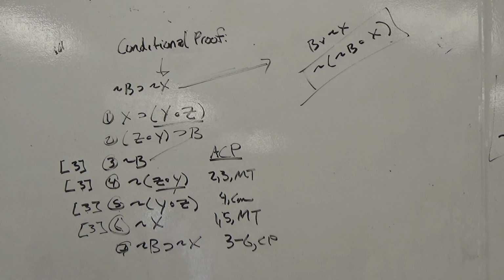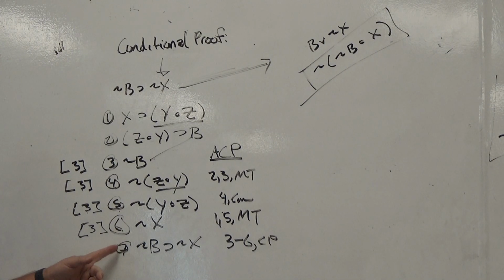Now, you saw that we noted the premises and stuff like that, and these can get very complicated. You may make several assumptions. So it might be that a line depends on an assumption made in 3 and an assumption that's made in 5. So you can have multiple assumptions out here.